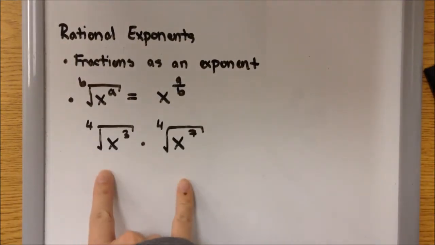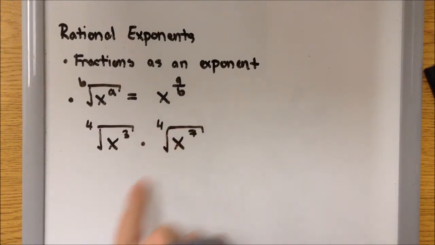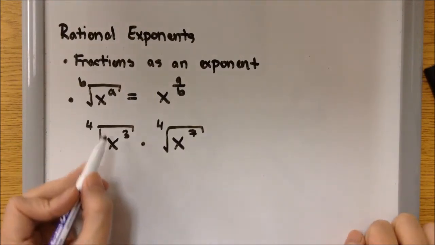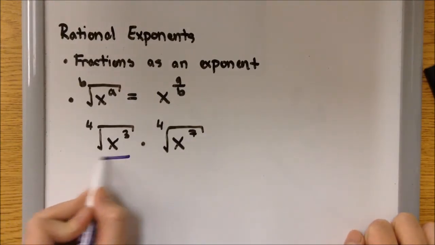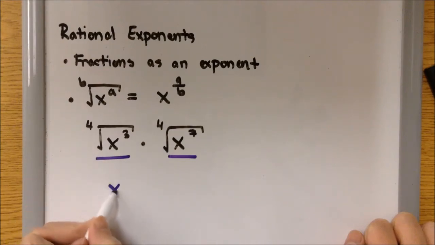Now in this example, we have the 4th root of x to the 3rd times the 4th root of x to the 7th. So I'm going to show you how we can use rational exponents to help simplify this expression. So the first step is we're going to convert into rational exponents for each part. So we have 2 parts right here. The first one is going to be x.